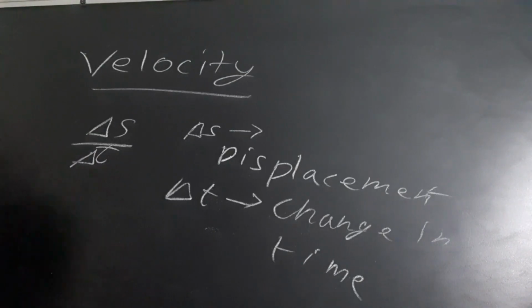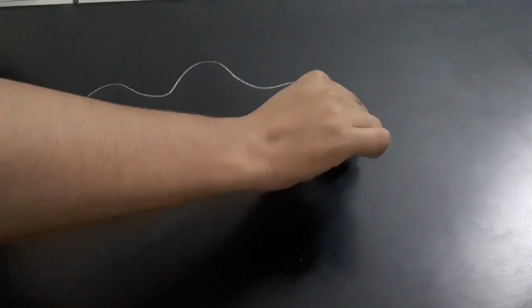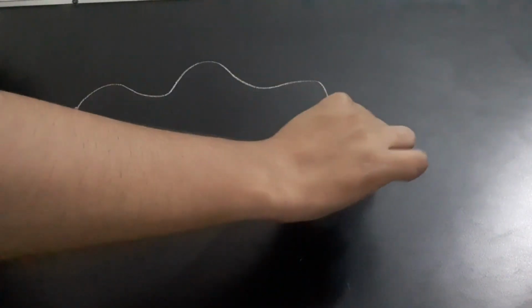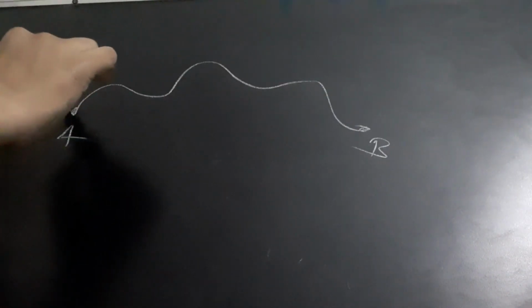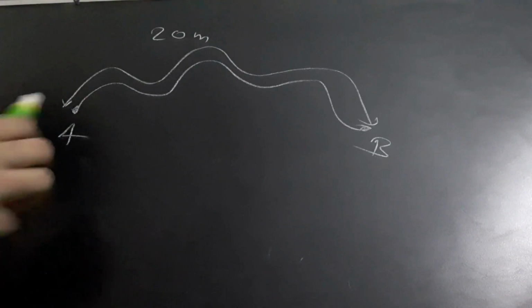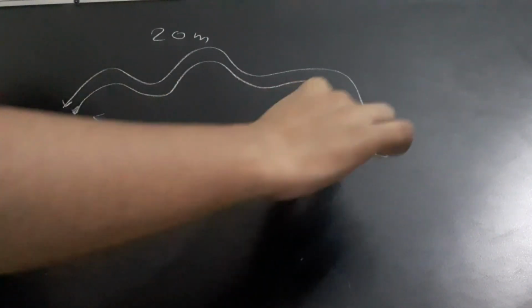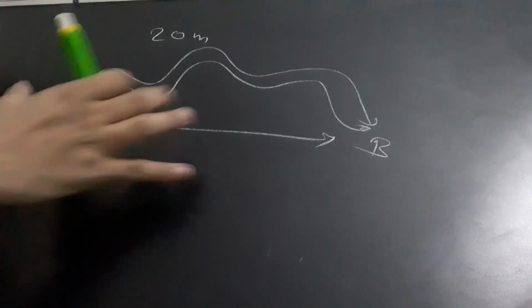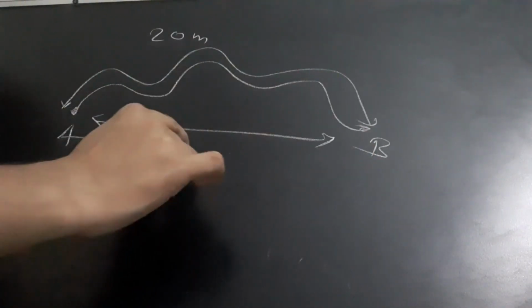So let's do an example. There's a particle here. It travels to this point here, this point A and this point B, and the length of this path, say that length is 20 meters, and the displacement AB is equal to 10 meters.